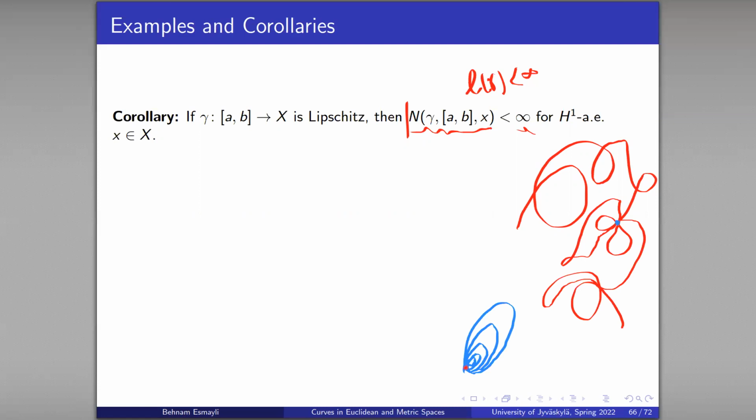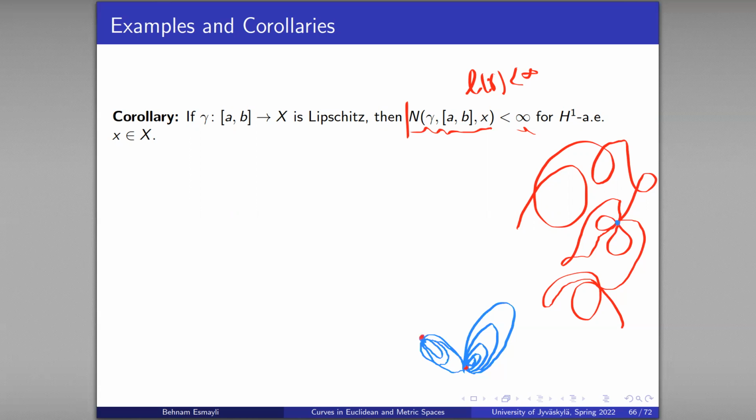Theoretically, you can have other points with the same property. For example, in this picture, let's say also every loop goes there. And then maybe something like this. Also here, there's a point which is covered infinitely many times.